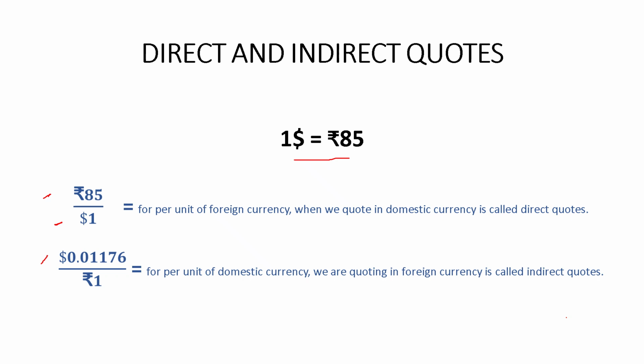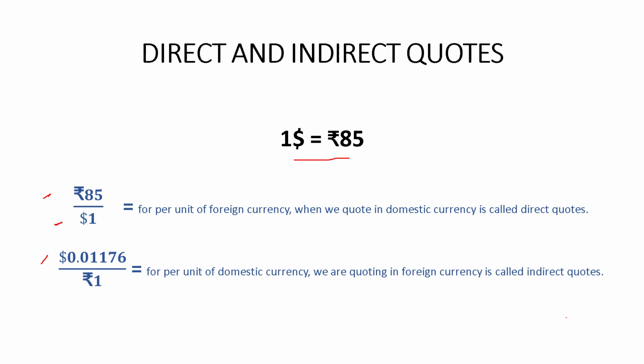Now what does a direct quote mean? If I say that $1 is equal to 85 rupees, that means for per unit of foreign currency, when we quote in domestic currency, it is called a direct quote. So we follow the direct quote in India. For per unit of the foreign currency, the US dollar, the domestic currency we need is 85.